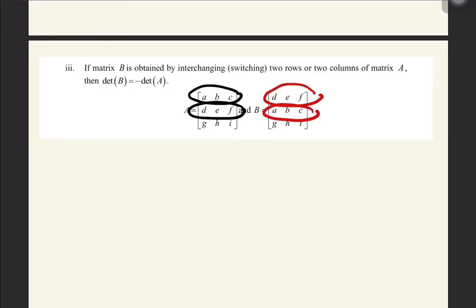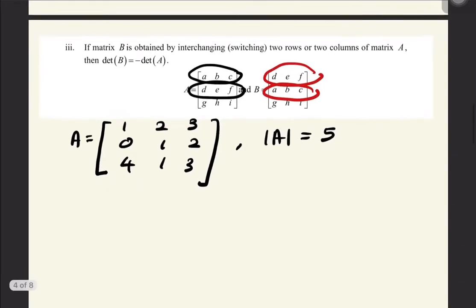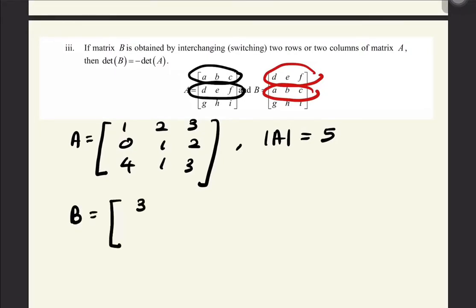So let's say you have a matrix equal to 1, 2, 3, 0, 1, 2, 4, 1, 3. And you know that the determinant of this matrix is equal to 5. And you have a matrix B such that matrix B is equal to 3, 2, 3, 2, 1, 1, 1, 0, 4.